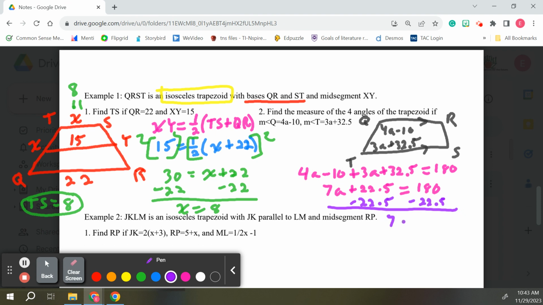This leaves me with 7A equals 157.5. And I'll divide everything by 7. So I'm left with A equals, in this case, 22.5.